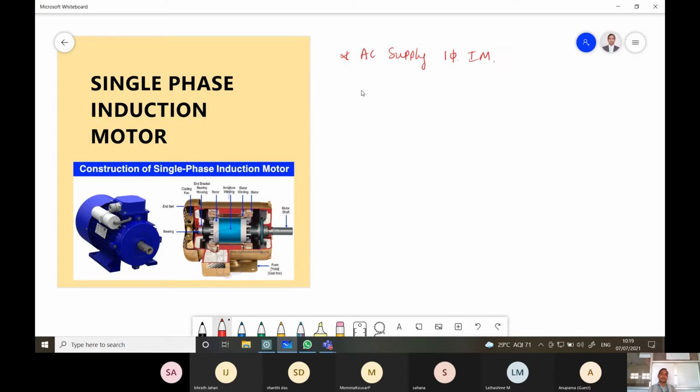There are numerous applications of single phase induction motors.